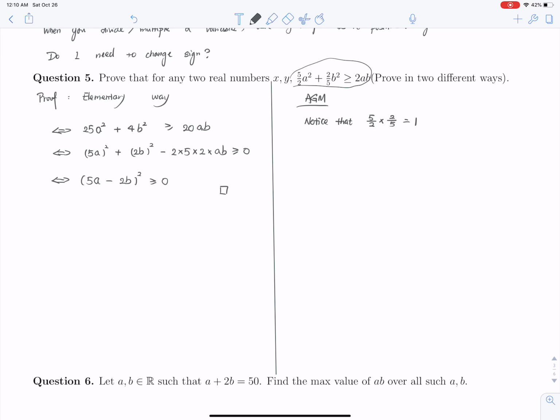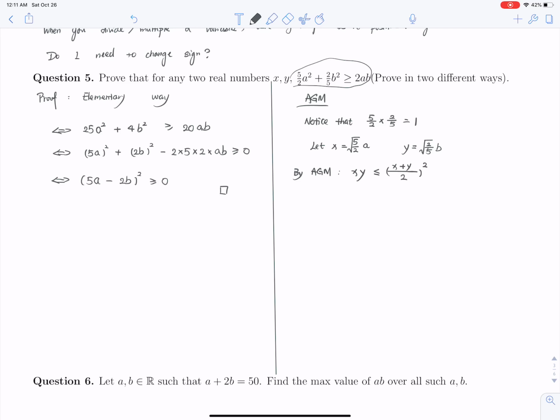So I'm just gonna let x equal the square root of 5 over 2a, y equal the square root of 2 over 5b, and by AGM, what I mean by AGM is xy is smaller than or equal to x plus y over 2, the whole thing squared.